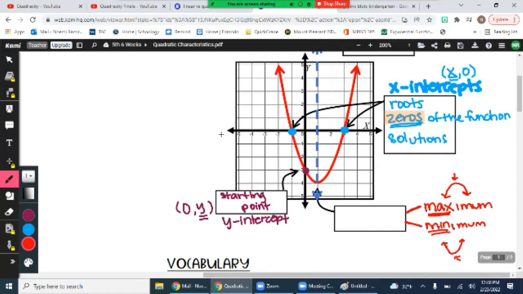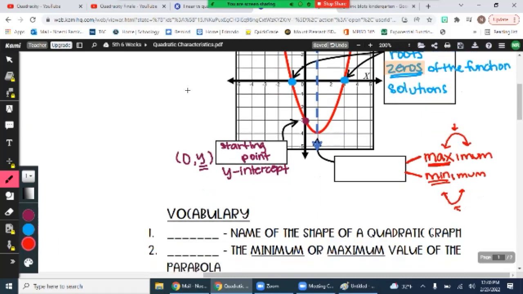Now, both of those are a subcategory of the word vertex. The vertex is either considered the highest or the lowest point on your parabola. This is your vertex right here. It's the lowest point on this parabola, but it can be the highest point on other parabolas.